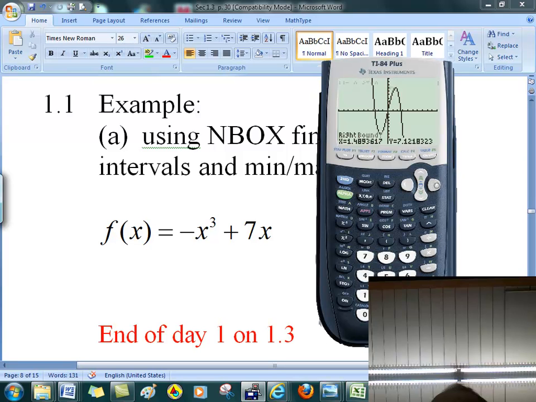And then move it to the right of it. Hit enter, enter. And after a little bit of computation, max comes out to be 1.5275 and 7.1285. So this is your min, this is your max.